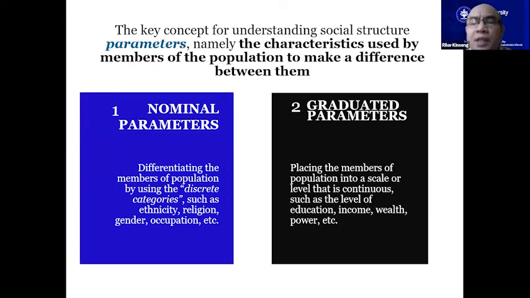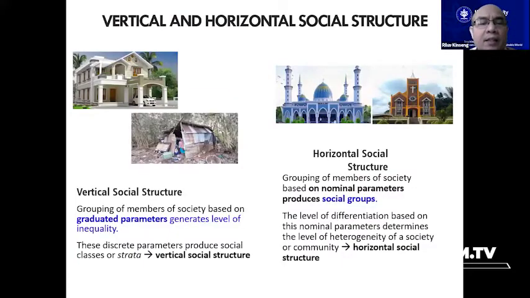So these are two ways of placing members of a population into categories. One is using nominal parameters, and another is using graduated parameters. When you use nominal parameters, the result will be a horizontal structure.